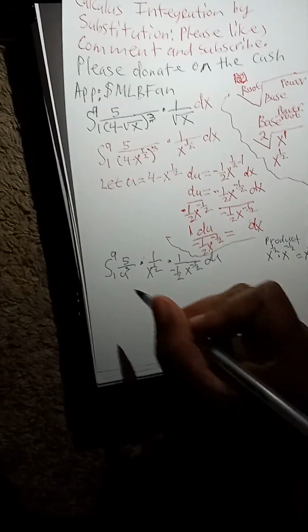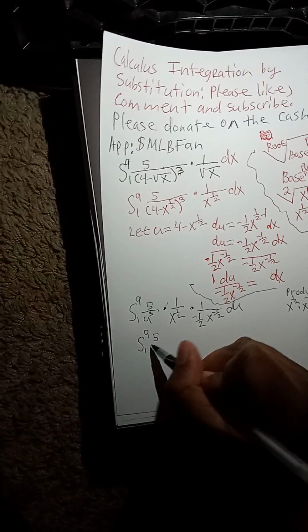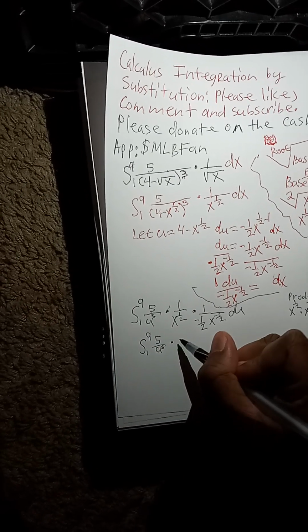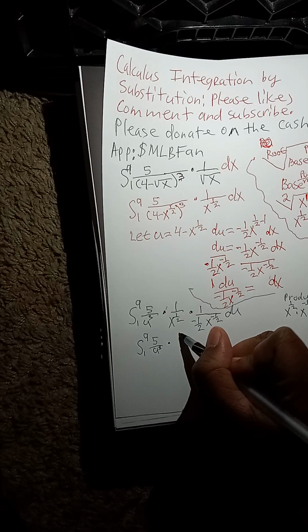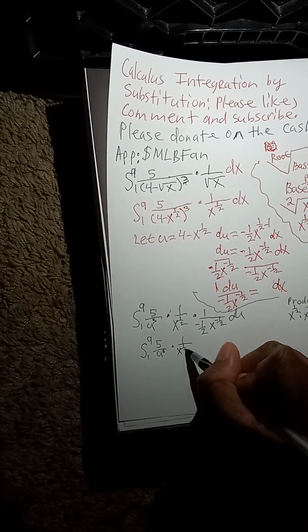So this can be rewritten as the integral from 1 to 9 of 5 over u to the 3rd power times 1 over x to the 1/2 power.